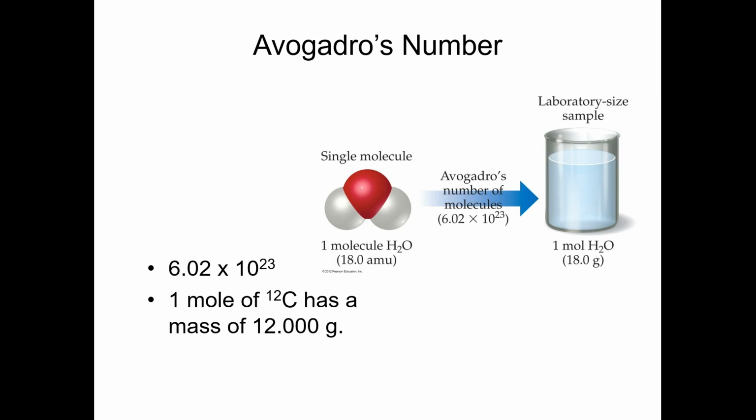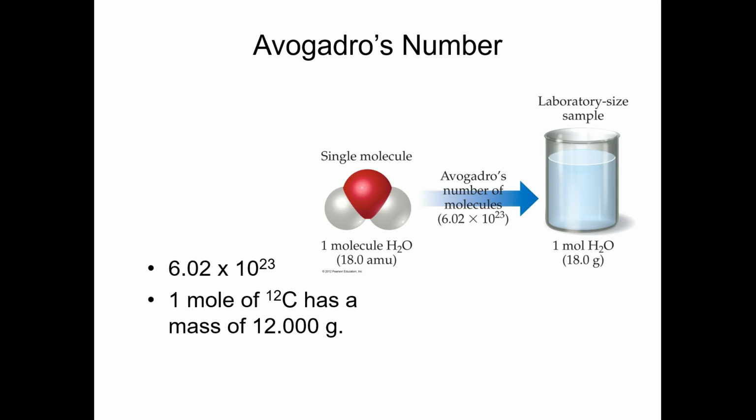A mole of carbon-12 has a mass of 12 grams, and in fact, that's not 12.000 as if it only had 5 significant digits. That's actually the definition of a mole. A mole is equal to the number of atoms in 12 grams of carbon-12.